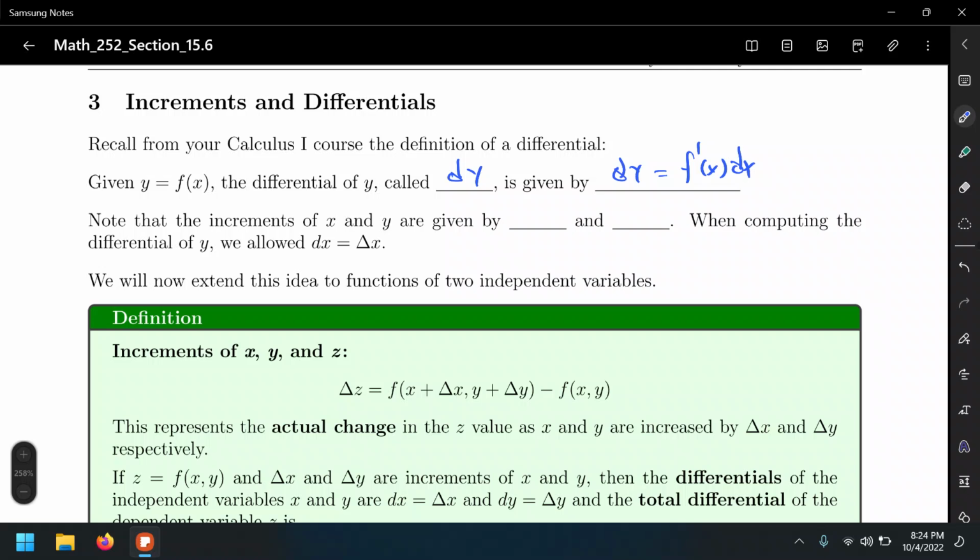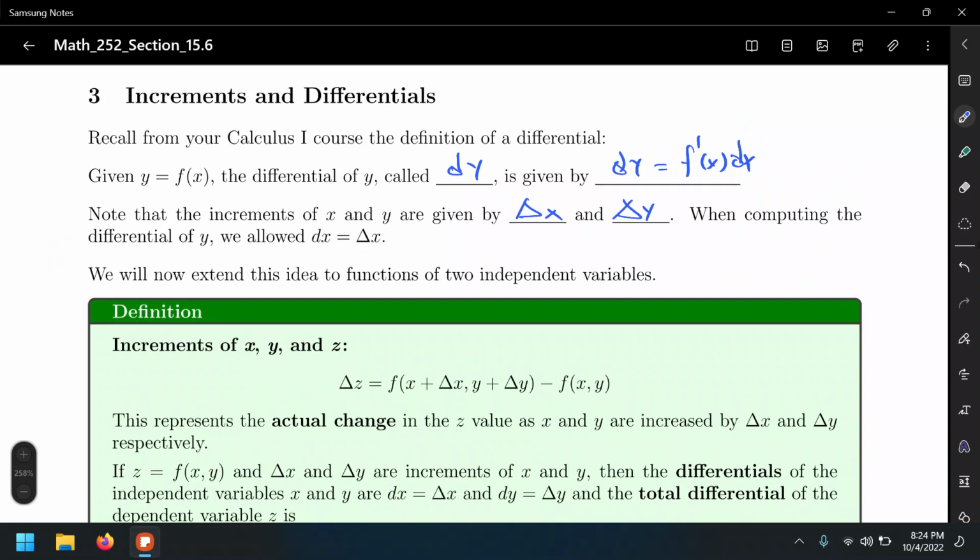Now for functions of multiple variables, in this case x and y, we have delta x and delta y. And in this case, when we did these approximations, we allowed this delta x, this increment, to equal dx, the differential.